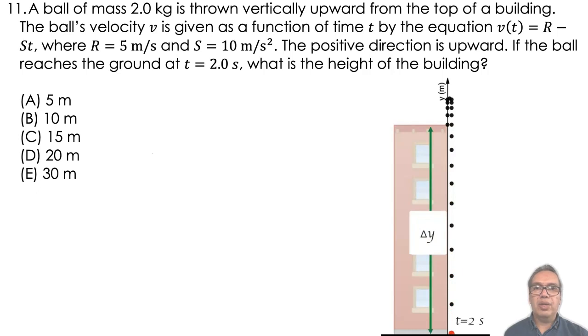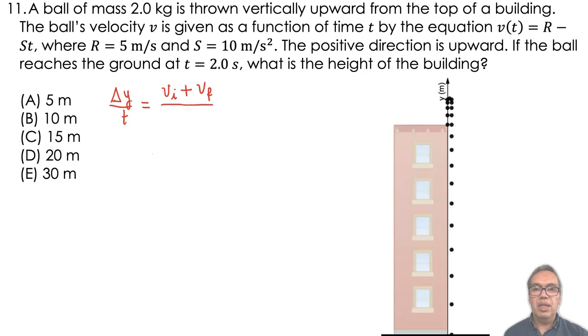If you want to get the displacement, there are several ways to go about it. The more mechanical way to solve it would be to take this formula. Delta y over t, which is the average velocity, is equal to the average of initial and final velocities.